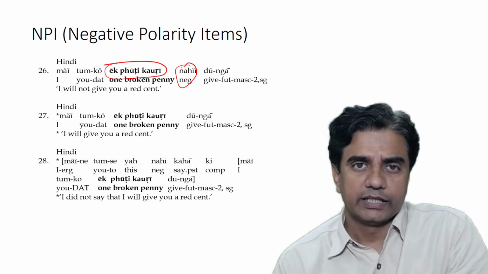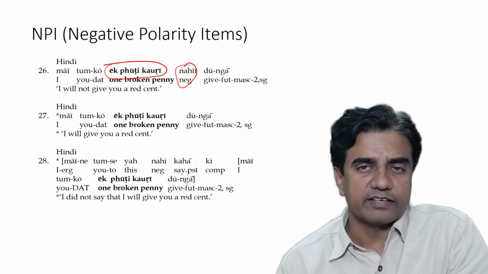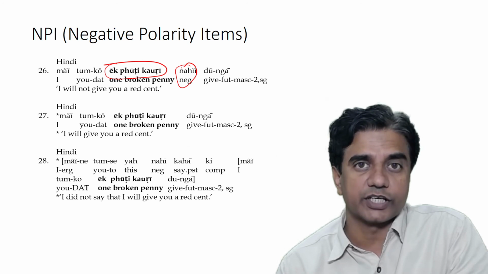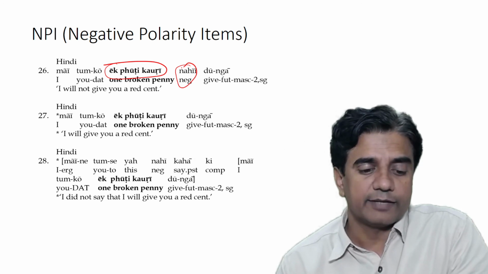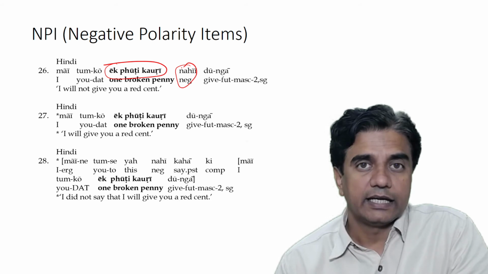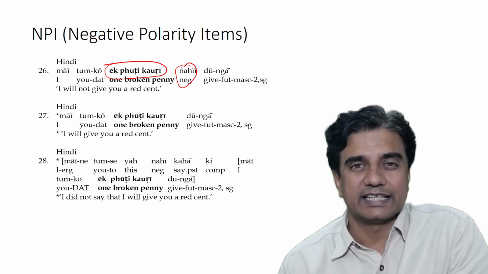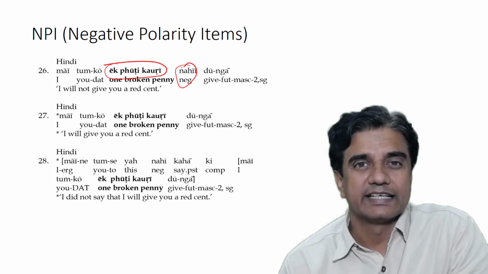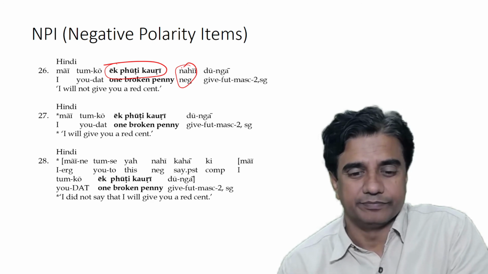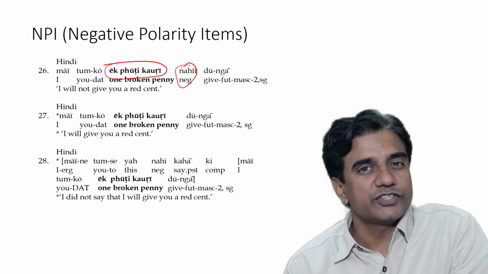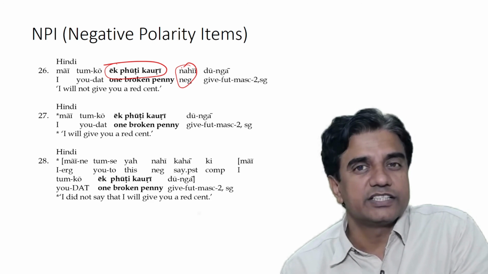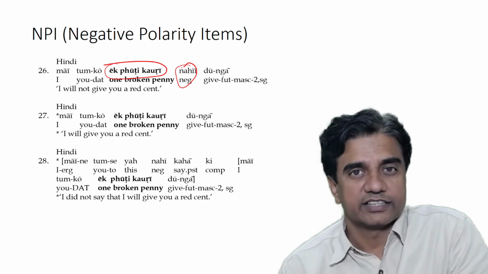Now, this sentence 27 is okay, or could be interpreted as a good sentence, if एक फूटी कौड़ी as a metaphorical expression can be interpreted in its lexical and literal sense of a broken penny. However, that is not the intended reading here.